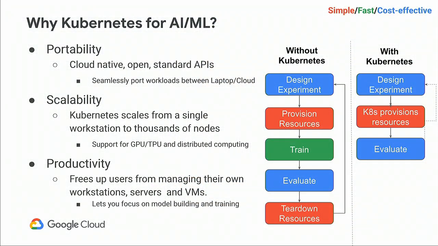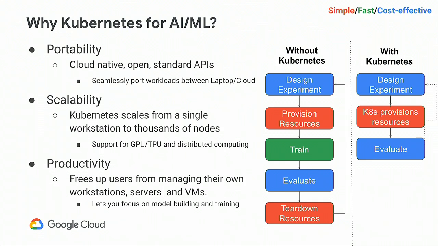So let's think about why Kubernetes is an ideal platform for building an AI/ML toolchain. There are three core reasons why. First is portability. Kubernetes enables cloud-native open standardized APIs, which means you can seamlessly port your workload between cloud and laptop and your own private data center without having to change your source code.